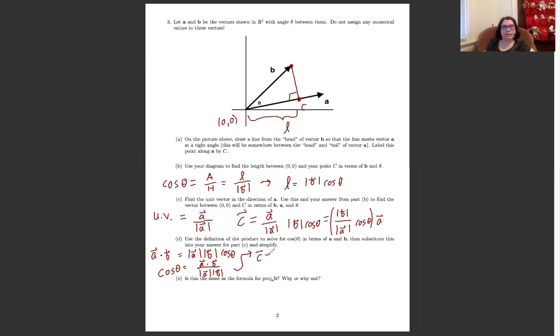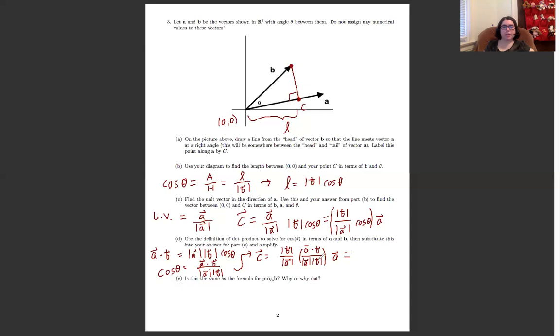I had that C was magnitude B over magnitude A times cosine theta, but now instead of cosine theta, I'm going to use A dot B over magnitude A, magnitude B. And then I still have this factor in the direction of vector A. We can simplify this a little.